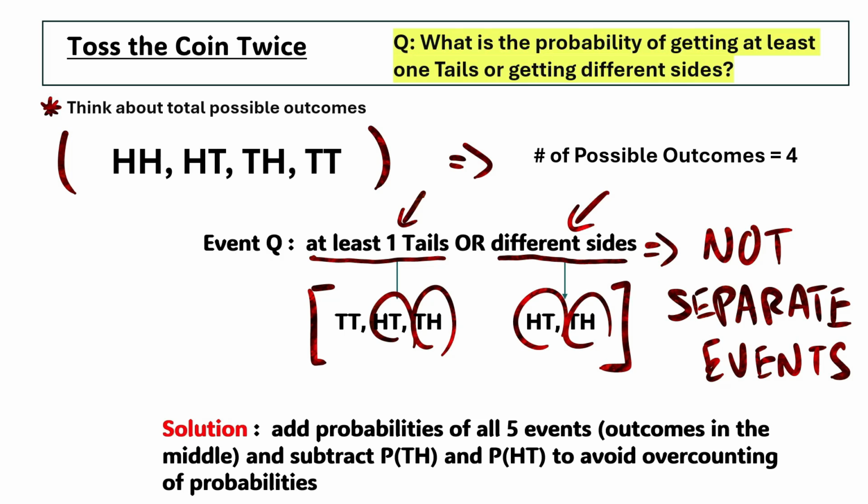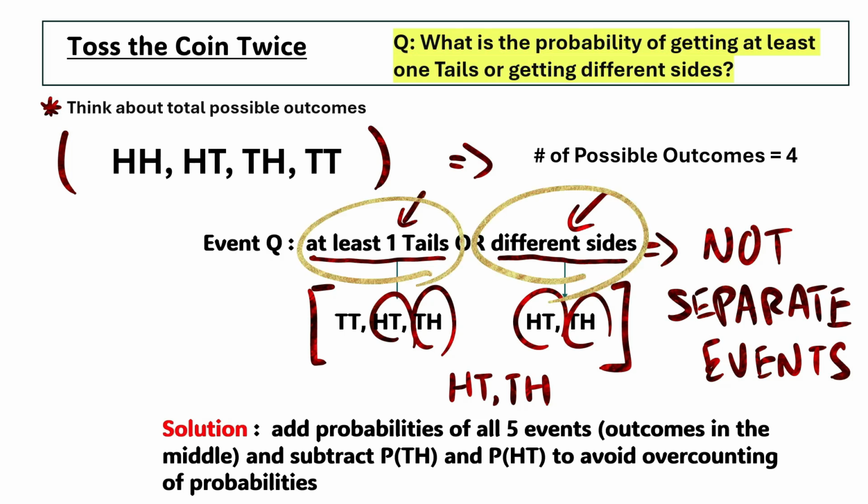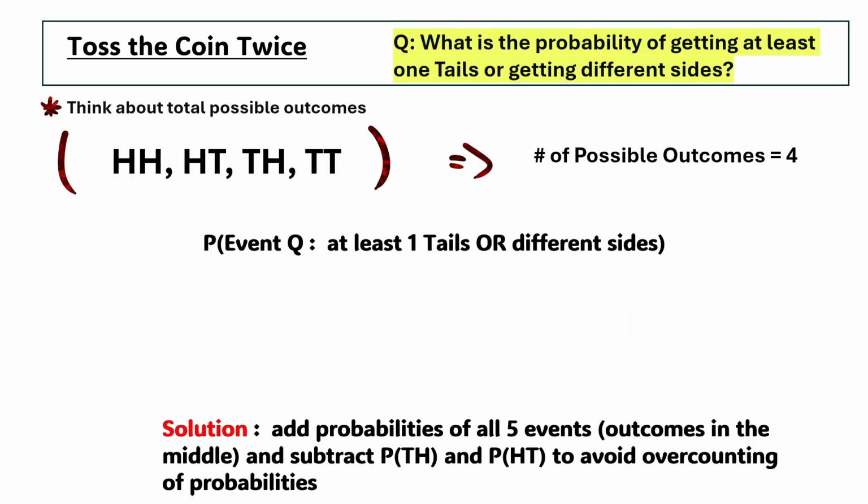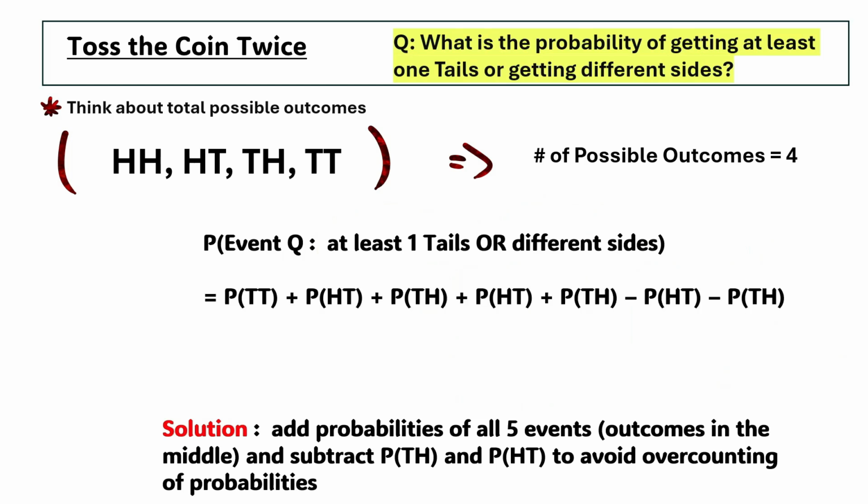And the reason why we subtract P of TH and P of HT is because the two outcomes, HT and TH, they're the ones causing these two events not to be separate events. So these two outcomes are the ones causing the overlap, and so we want to subtract the probabilities of these two outcomes in order to avoid overcounting. And so if we do that, then we're going to get that probability of event Q is going to equal the following equation.